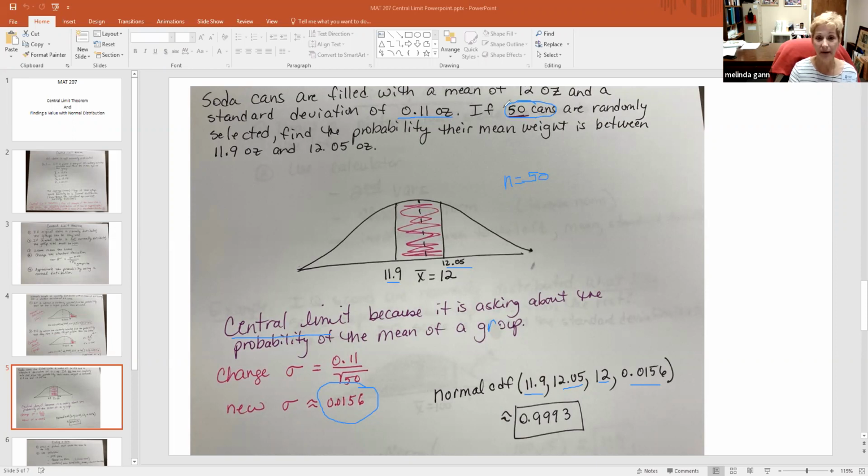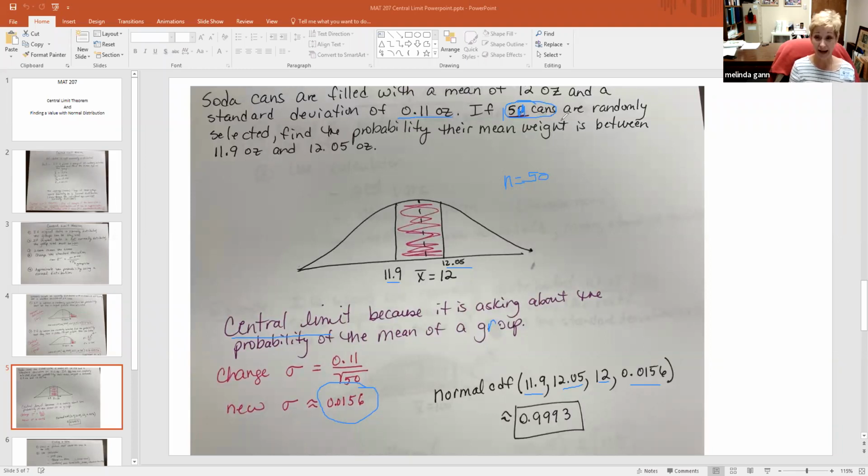If this had been 15 instead of 50, I would not have been able to work the problem. I'd have said not enough information. So if the original data is not known to be normally distributed, your group sizes must be bigger than 30.